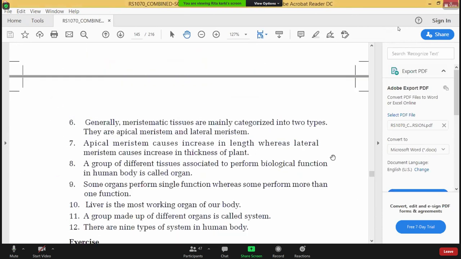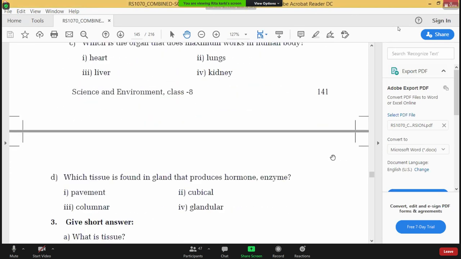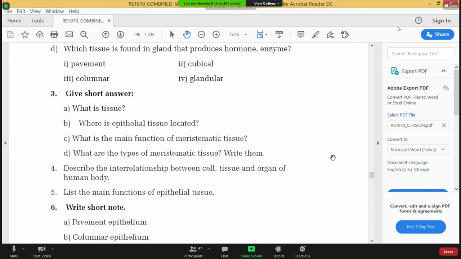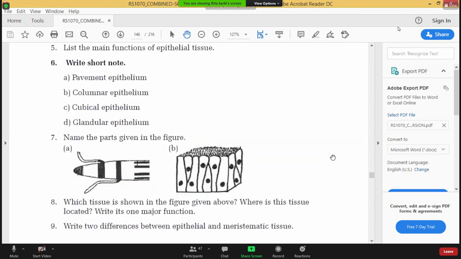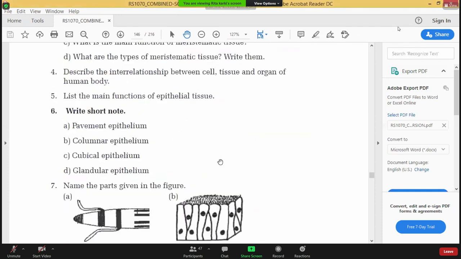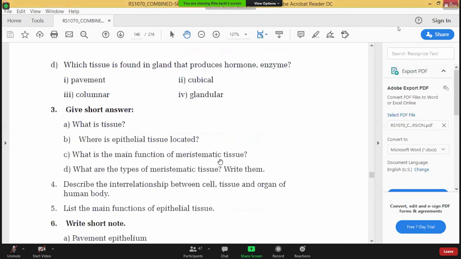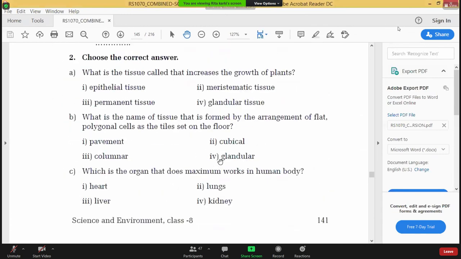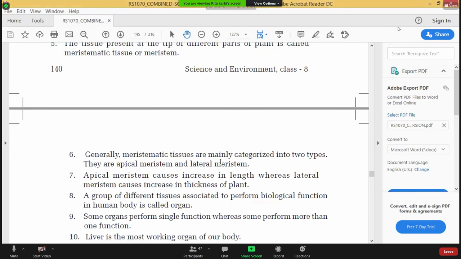The tissue is known as meristematic tissue and it is located near the tips of roots and stems. One major function is to trigger the growth of new cells in young seedlings at the tips of roots and shoots and forming buds. Okay. Ma'am, do we have to describe both or only one?